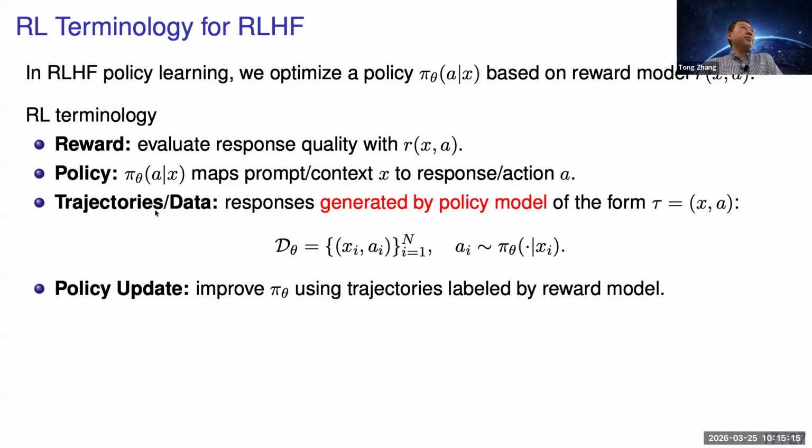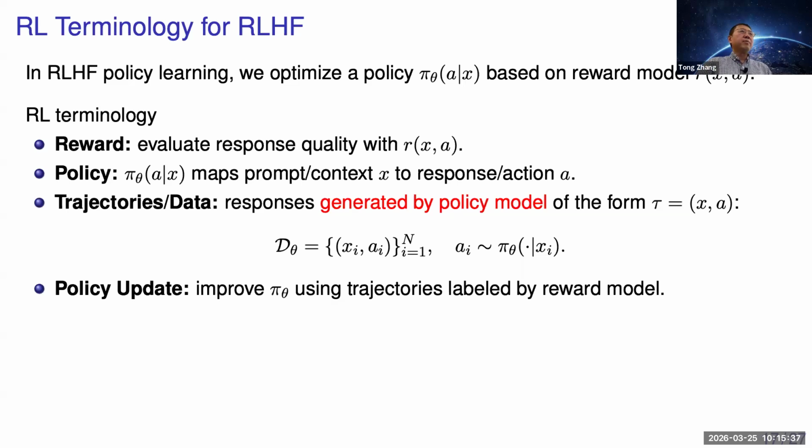Then there are two things, right? Trajectory generation. This is the key part which is different from supervised learning, as I mentioned: how you generate data with the policy model. You use your policy model to generate the data. X is usually fixed. The prompt is not generated by the policy. It's just given.